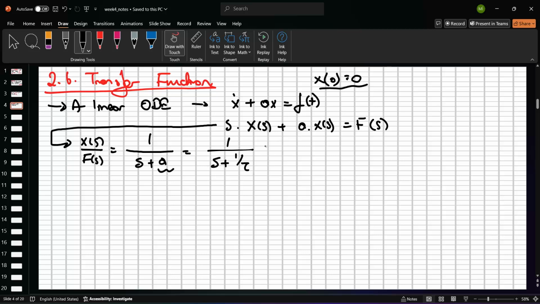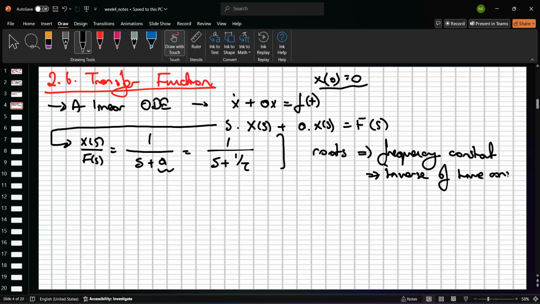And so the transfer function root represents the frequency constant, or the inverse of the time constant, right?